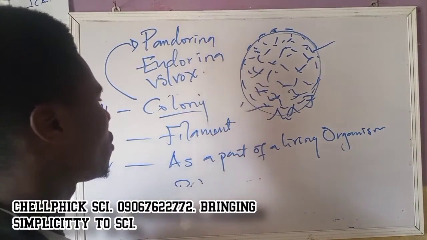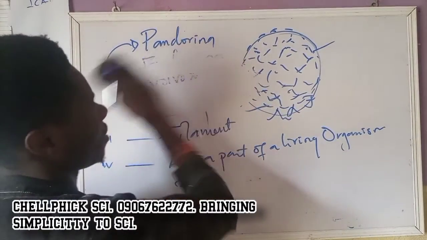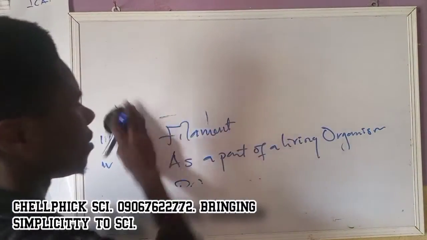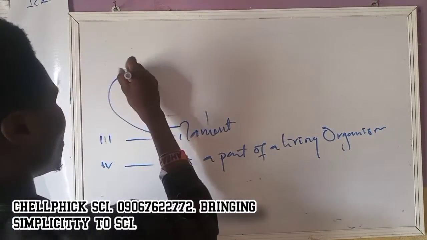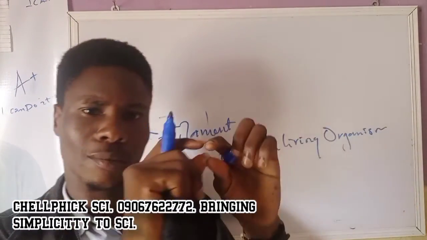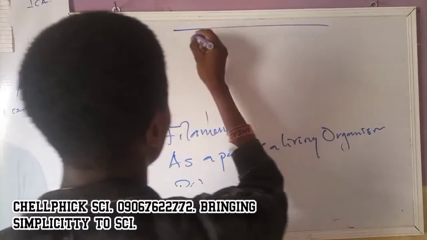The next one is to talk about cells living as a filament. When we're talking about a filament, think of something like a tube. A good example is the Spirogyra cell.